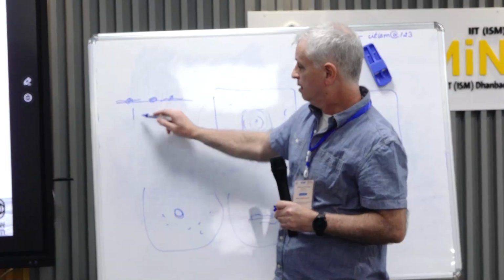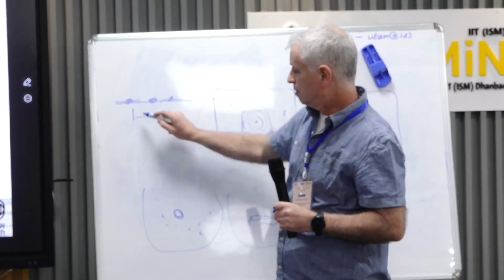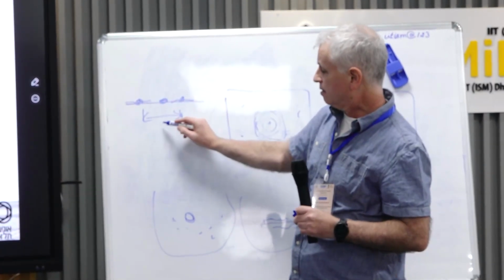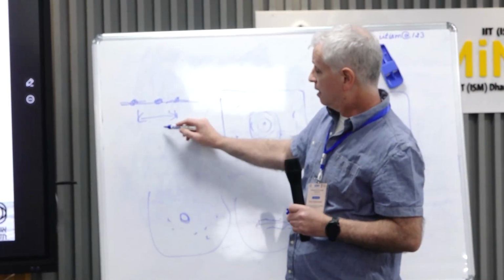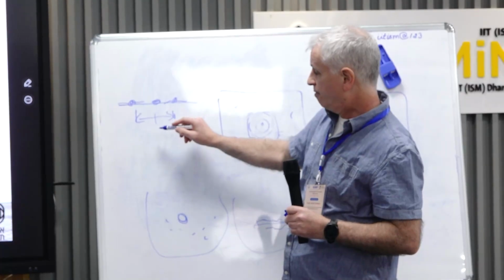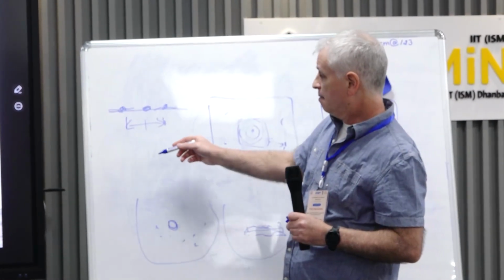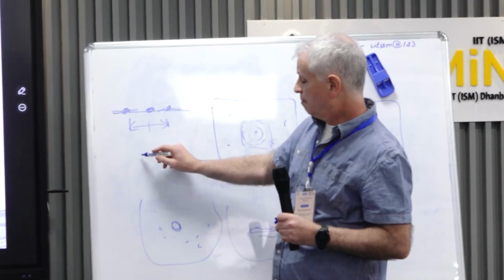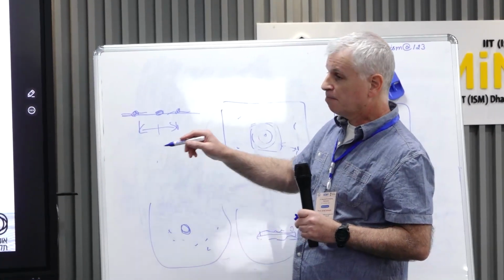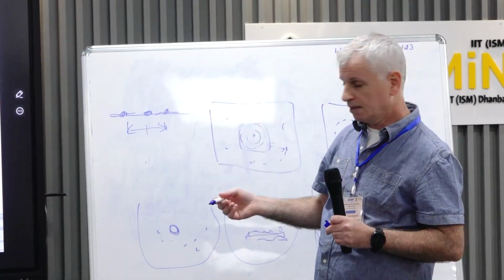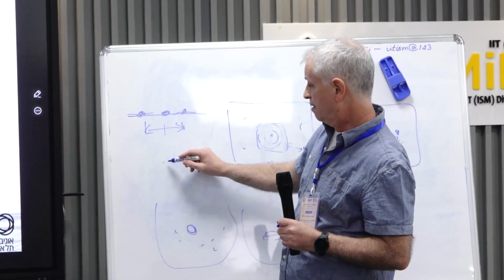For that, you need to control the distance between the seeds, so that they are far enough apart to allow big crystals to form, but not much longer than the surface diffusion length that we talked about in the last session.